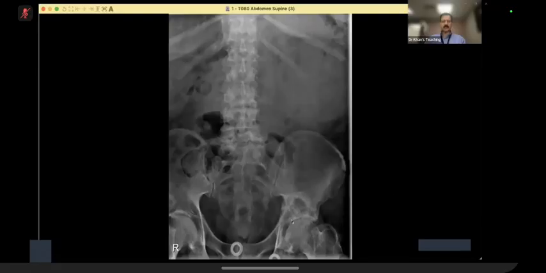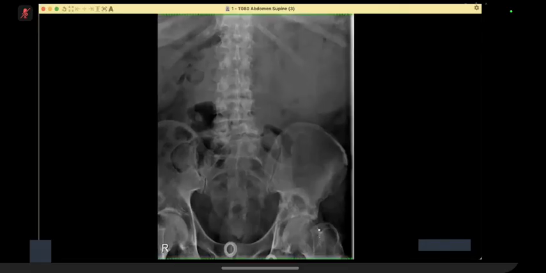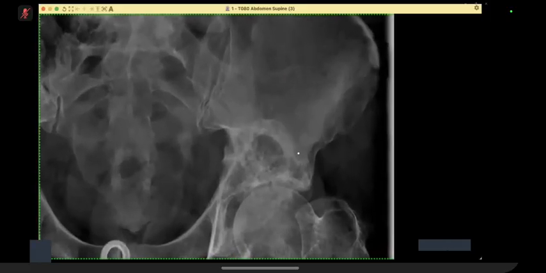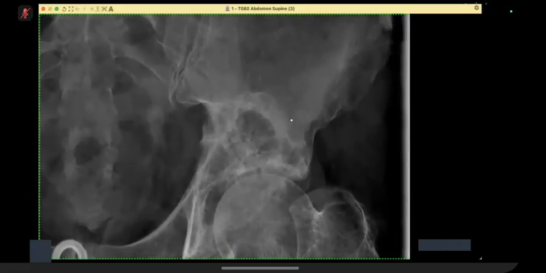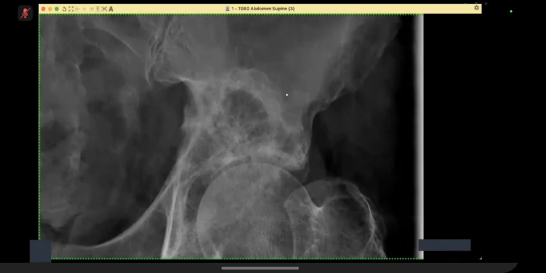What is this? I can see a focal mixed lytic sclerotic lesion on the left, I'm sorry, in the left iliac bone related to the acetabulum.